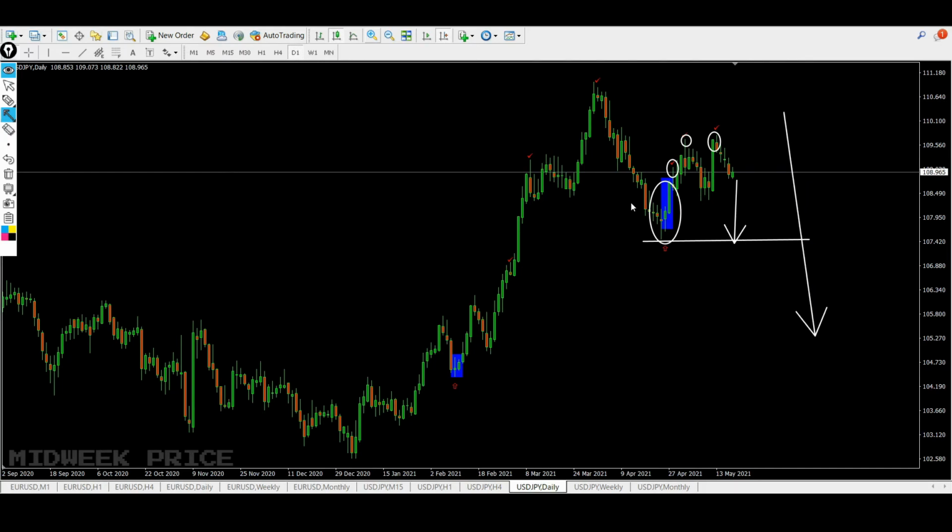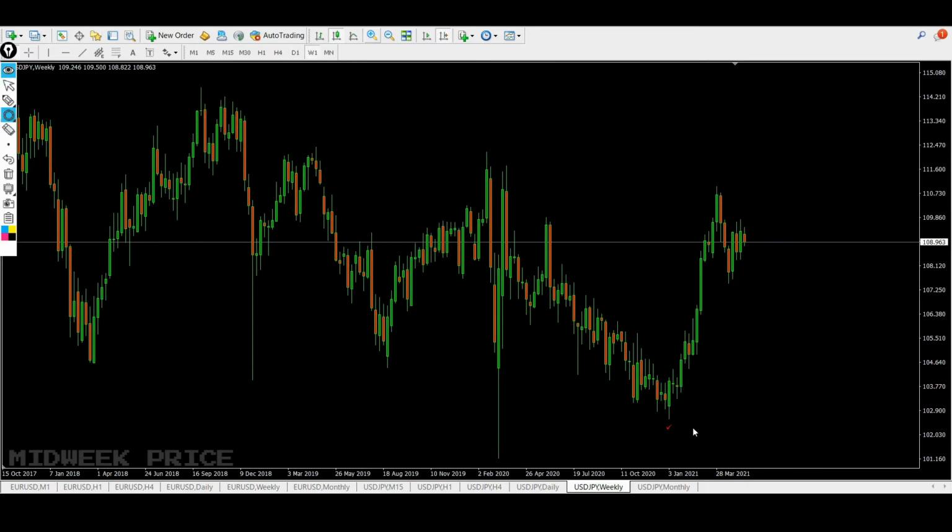Okay, so let me explain this to you in more detail. So we'll go over to the weekly chart. Okay, so on this weekly chart, like I mentioned earlier, this entire long move to 109 was based on this weekly long trade right here, with the stop loss being right here. Now it's possible that this weekly long trade already hit its target at 109. Thus, when a trade's targets are hit, price normally pulls right back down to its stop loss just to stop out the traders that are still long in this position.